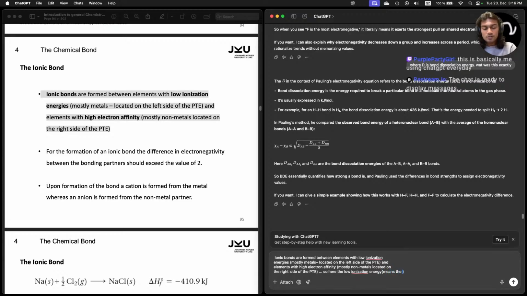It means the energy required to eject an electron from the atom is low.